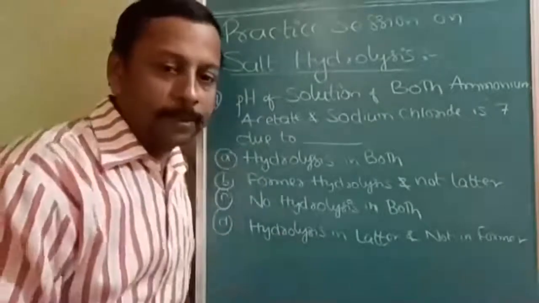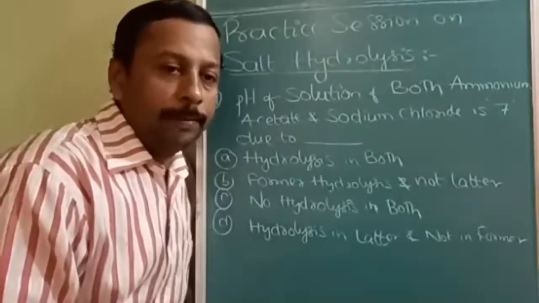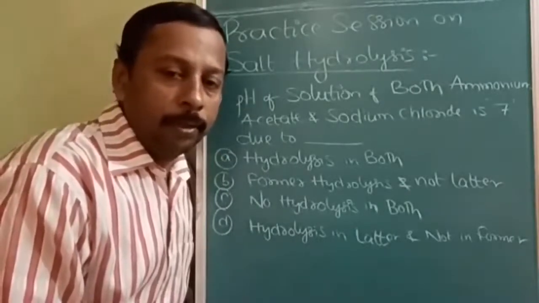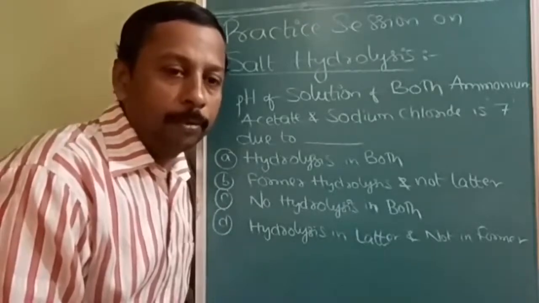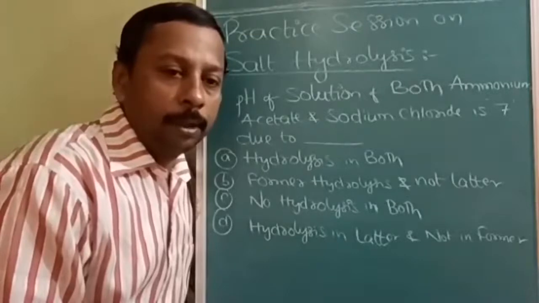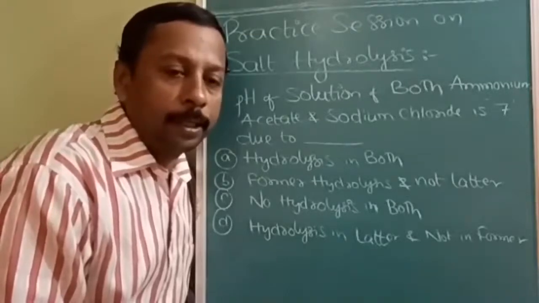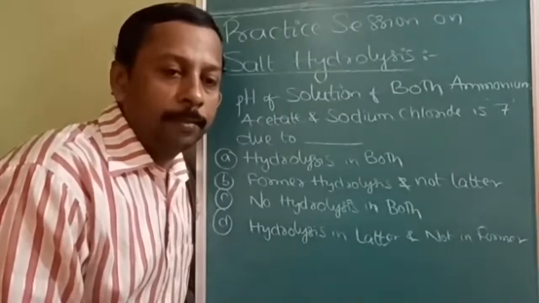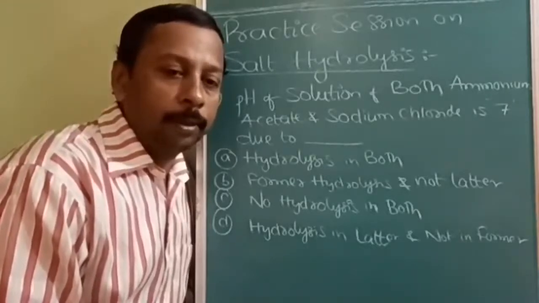Here the first question is a very theory and basic question. Let's start from the basics so that slowly your understanding power can be improved. The first question: the pH of a solution of both ammonium acetate and sodium chloride is 7. But what is the reason why they both have 7?